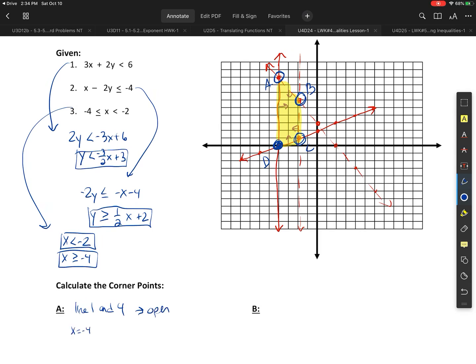So I have x equals negative 4, and I got y equals negative 3 over 2 x plus 3. I sub in negative 3 over 2 times negative 4, treat it as over 1. Cancel, cancel. I got negative 6 plus 3 for negative 3. I made an error somewhere. Oh, positive 6 plus 3.